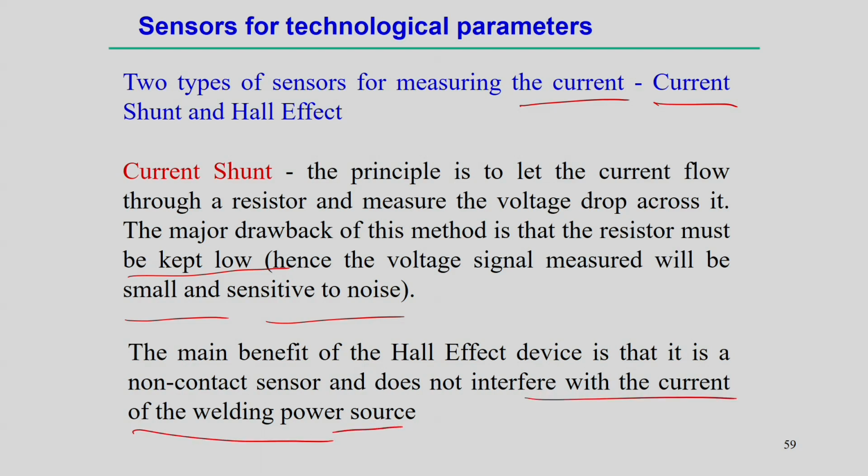So if you want to measure the current flow of a manufacturing system, we normally use the Hall effect device.